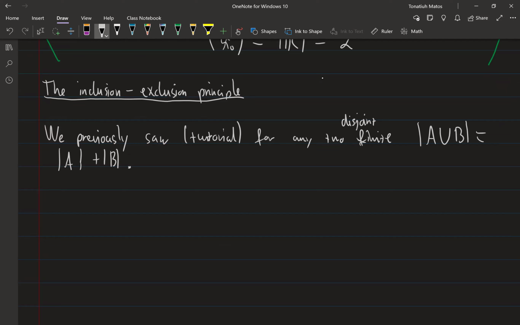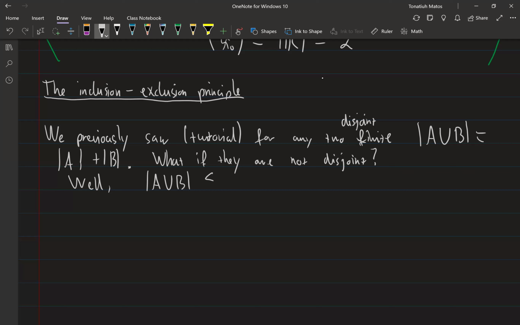A natural question is, what if they are not disjoint? Right? And then something that we can immediately conclude is that the union cannot possibly contain more than the sum of each part.